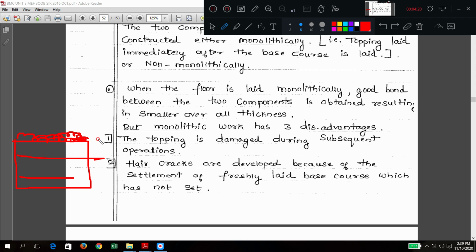That is the problem with this monolithic construction. I hope you are getting it. The advantage is proper bonding between all the layers. The disadvantage is that sometimes it may get damaged and sometimes it may get hair cracks. Two things. That is the monolithic.